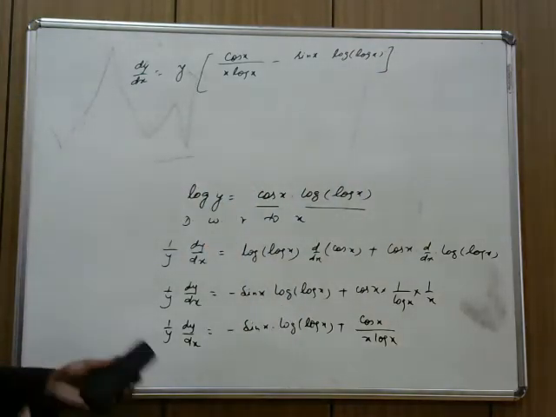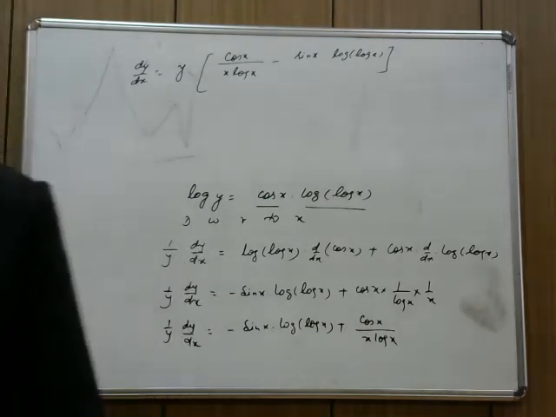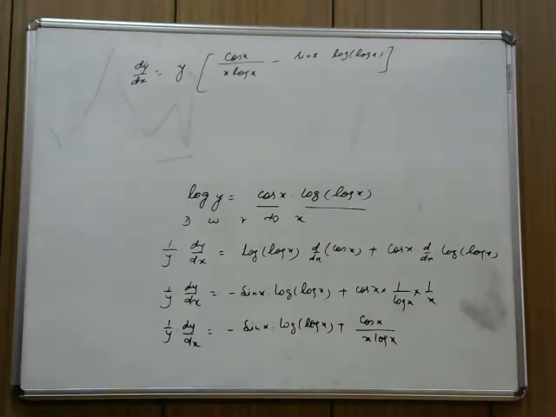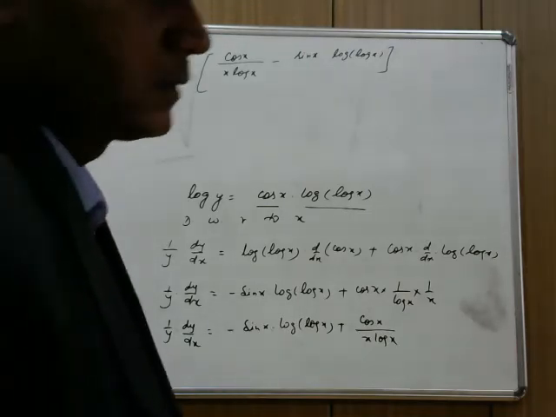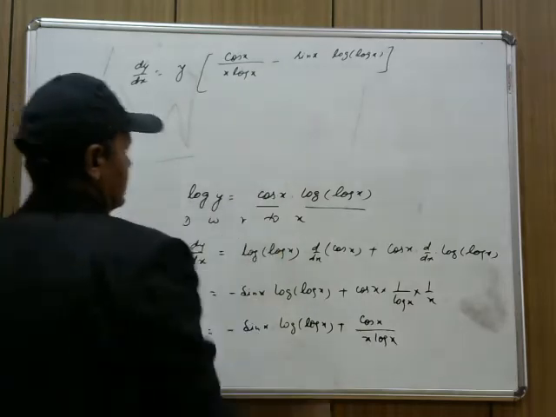But this answer doesn't suit. That's why I'll go one or two more lines, or we can leave it here also, that is cos x upon x log x minus sin x into log of log x. But better it should go one or two more, because simply it doesn't look nice.